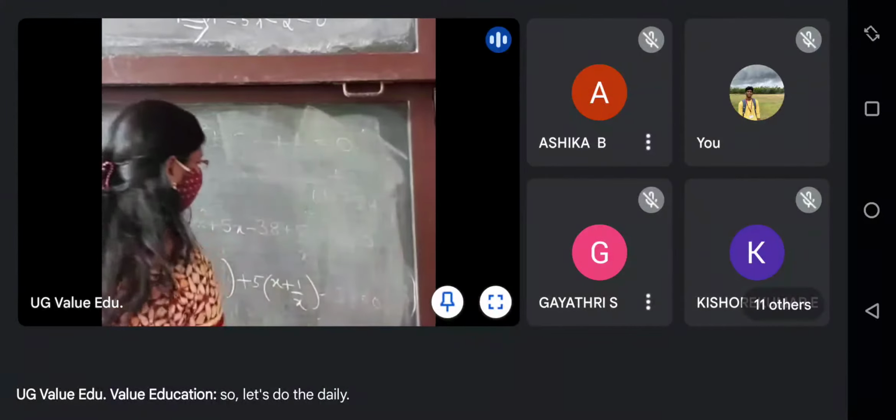So, let's do the Cayley-Hamilton. Now, we should verify this. So, by the Cayley-Hamilton theorem, I verify A squared minus 5A minus 2I.